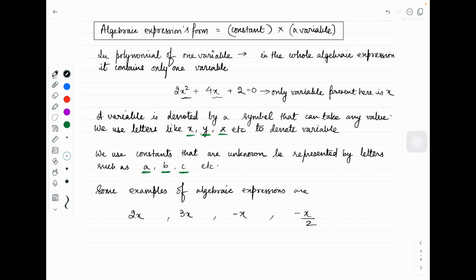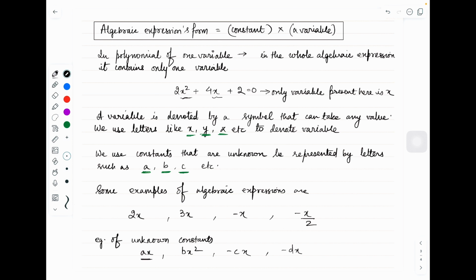If I use unknown constants, examples of unknown constants are ax, bx square, minus cx, minus dx.